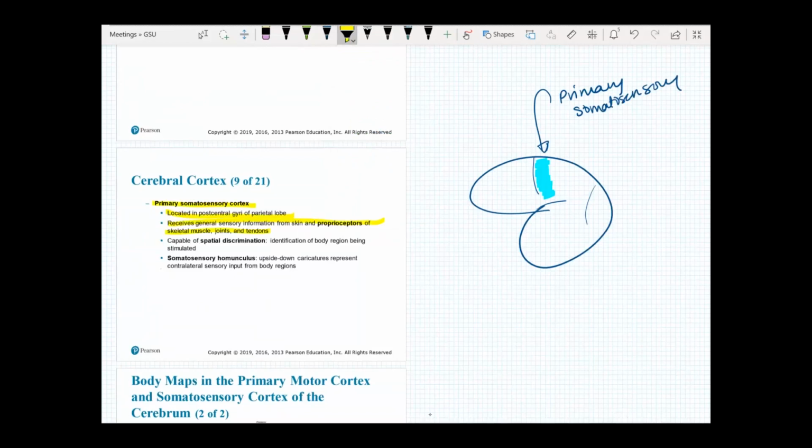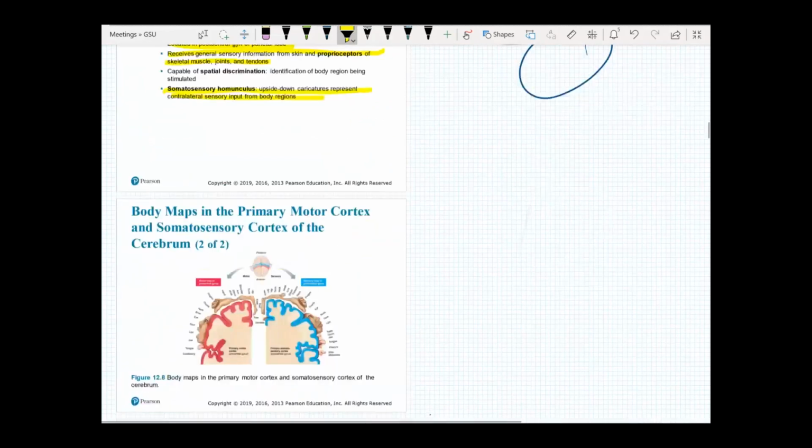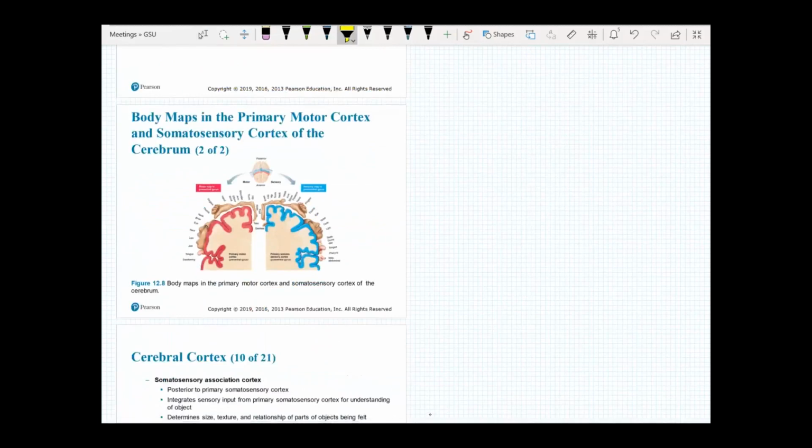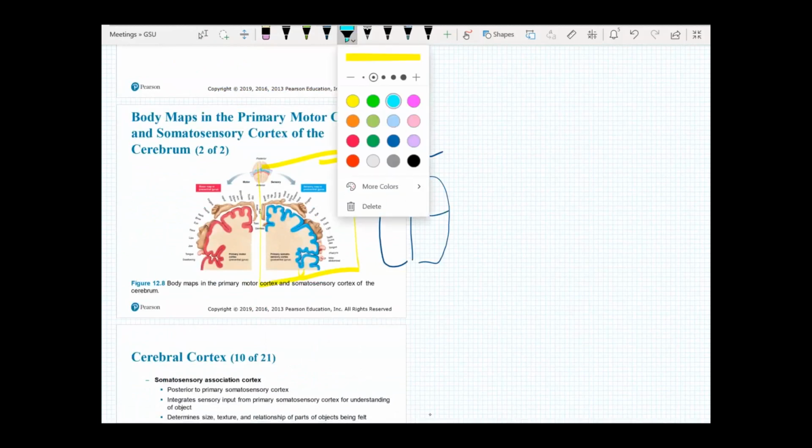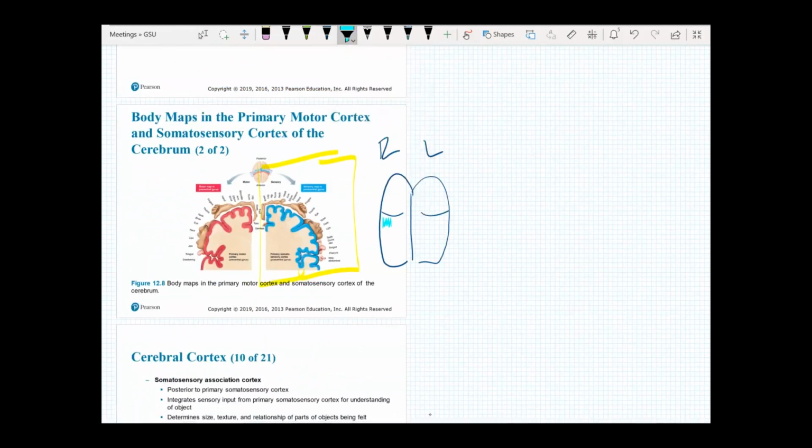There's also something called the somatosensory homunculus. So now we're going to have this guy. The somatosensory homunculus is built the same way. This is my brain. Here's my central sulcus. The primary sensory cortex that has the homunculus is actually going to be the one that is behind.